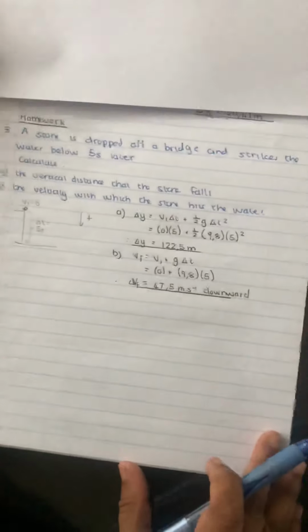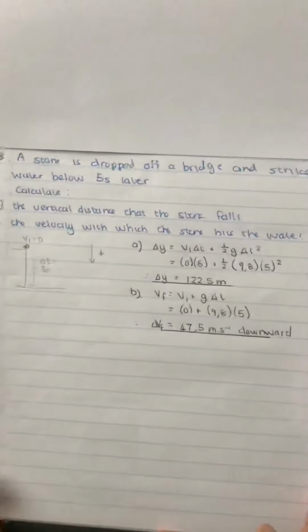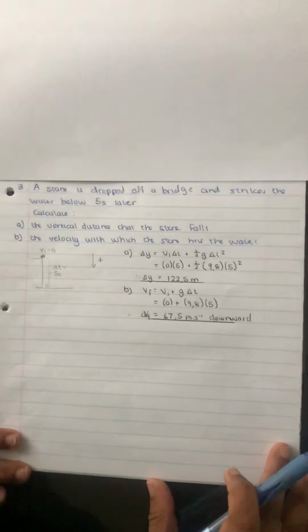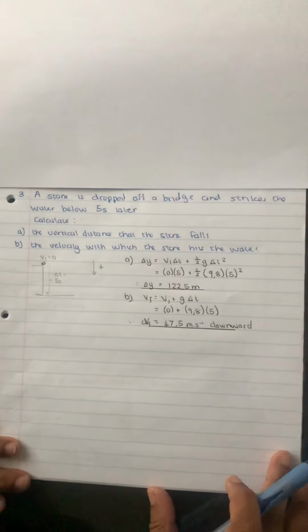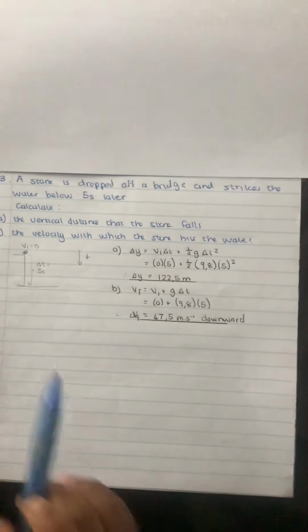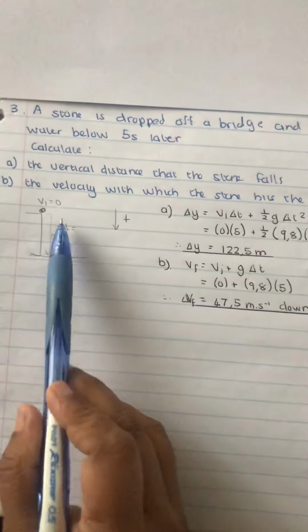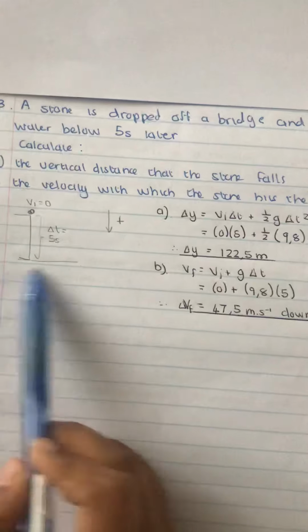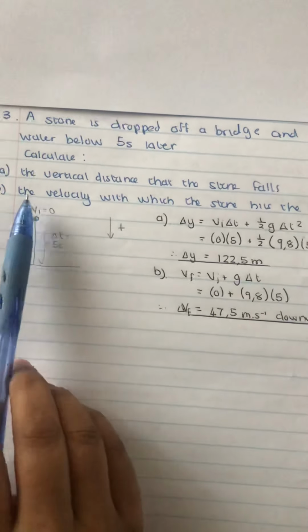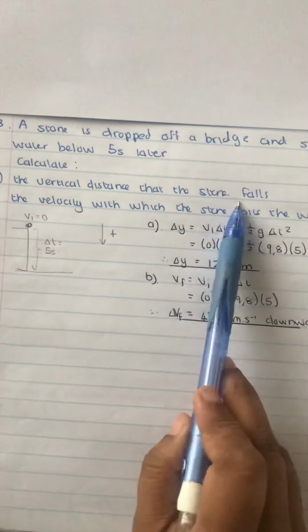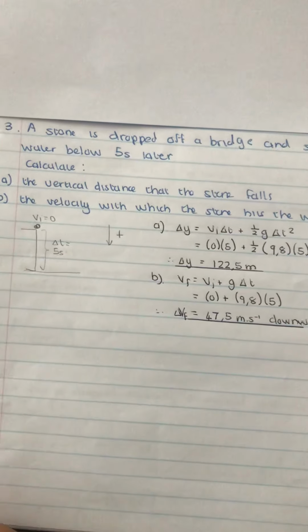The last example that we are going to go through. A stone is dropped off a building and it strikes the water below 5 seconds later. So the stone is dropped, so its initial velocity is 0, and after 5 seconds, which is delta t, it would reach the water below. They are asking us to calculate the vertical distance that the stone falls. So we need to find delta y.